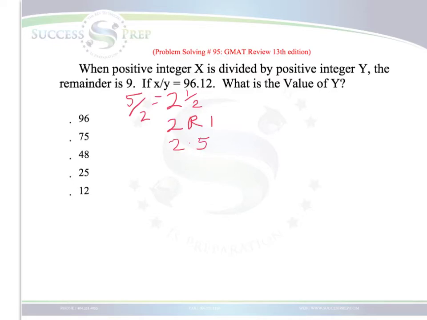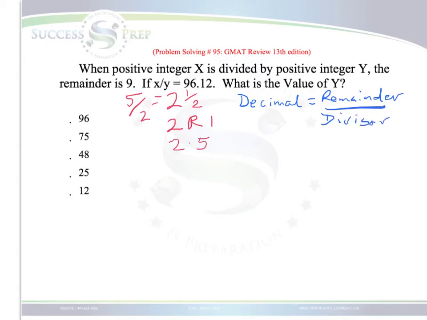Many students nowadays, if you type this in a calculator, will get 2.5, and I want to establish that the 0.5 is derived by taking the remainder, whatever the remainder value is, and dividing it by the divisor.